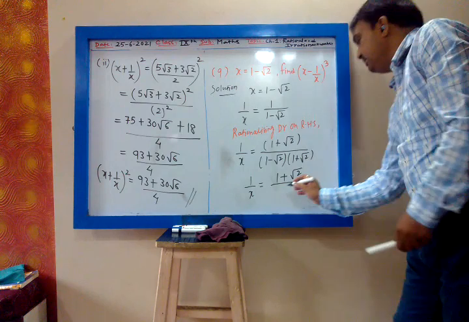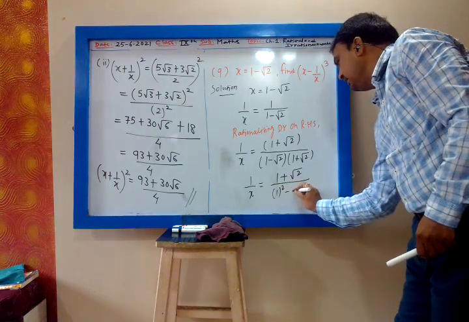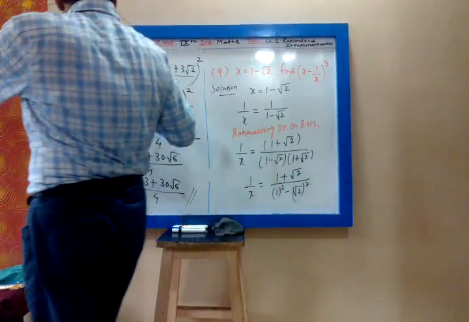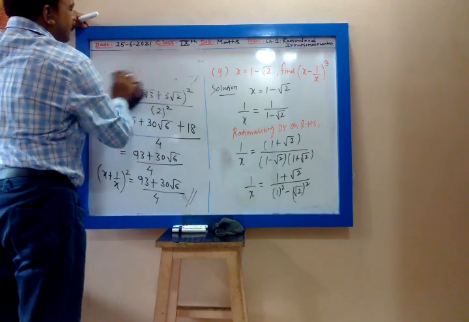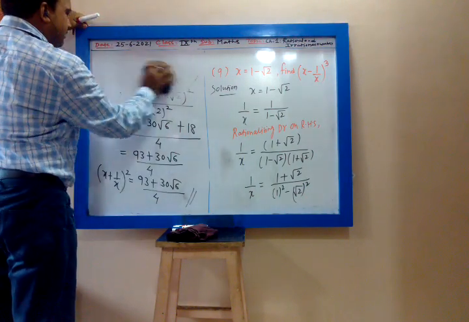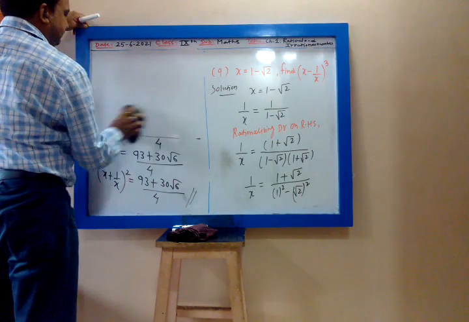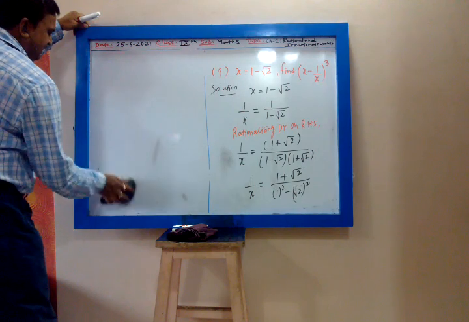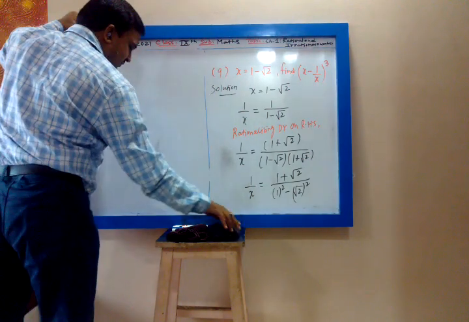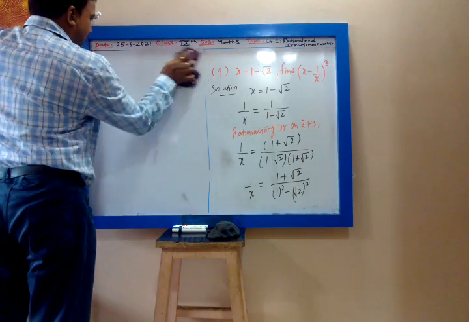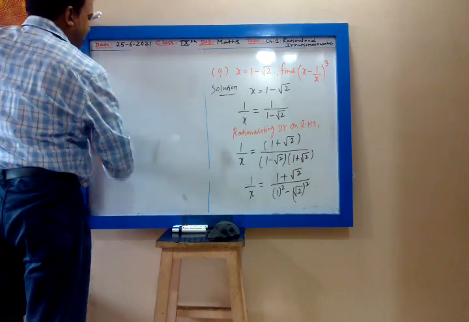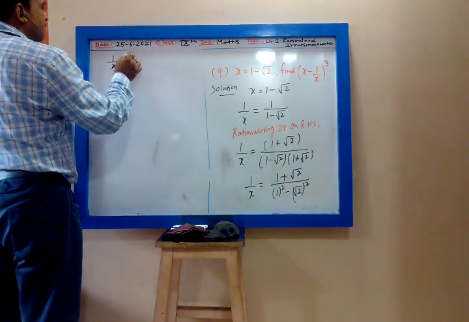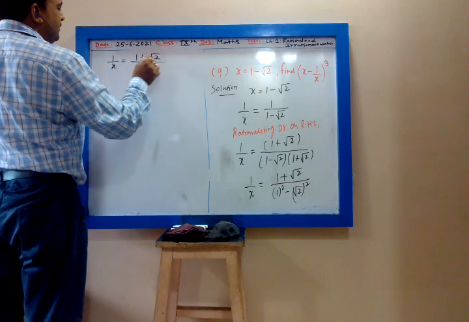a minus b into a plus b will be 1 square minus root 2 square. So 1 upon x is 1 plus root 2 upon 1 minus 2.